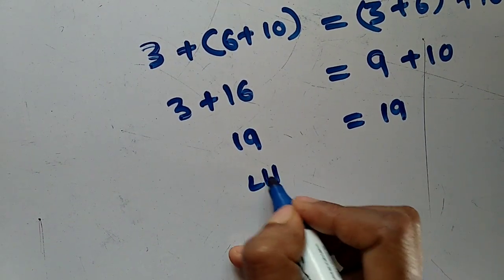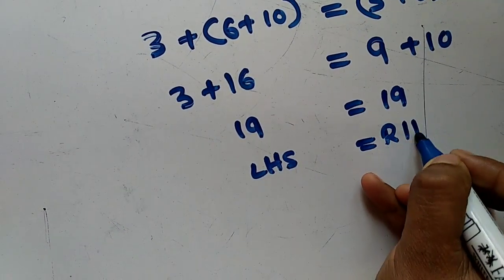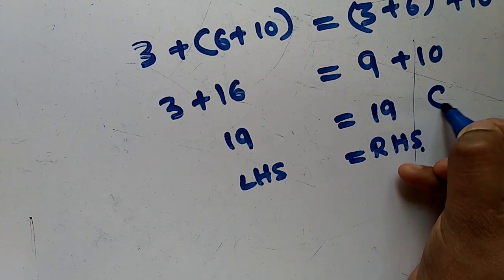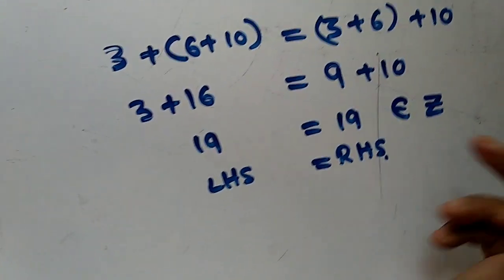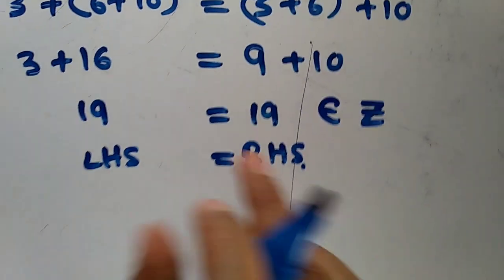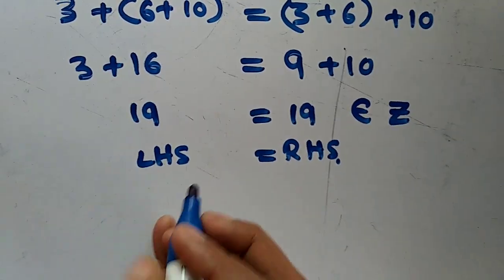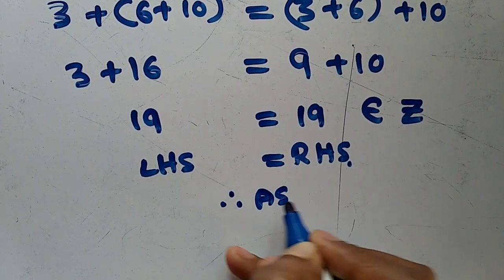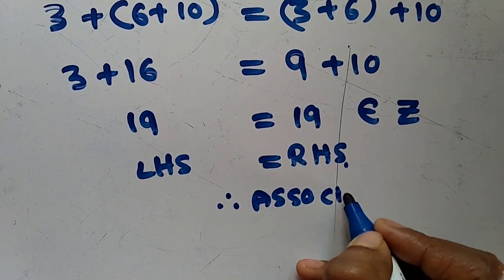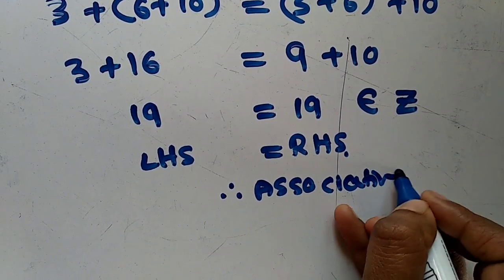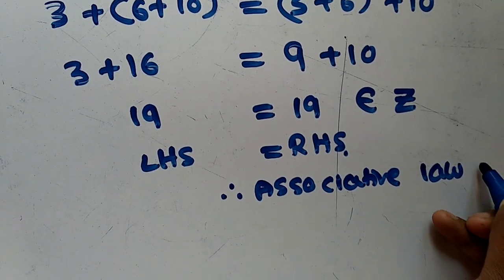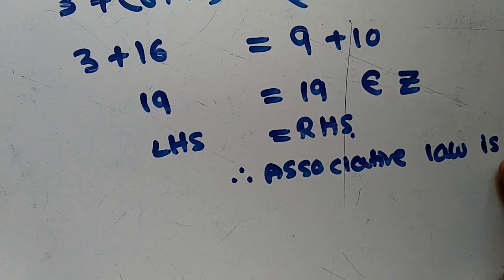It means LHS is equal to RHS, and this 19 belongs to Z. Therefore, the associative law is satisfied.